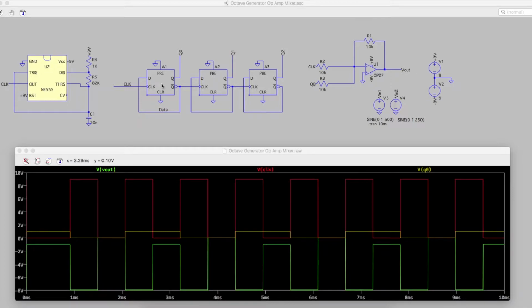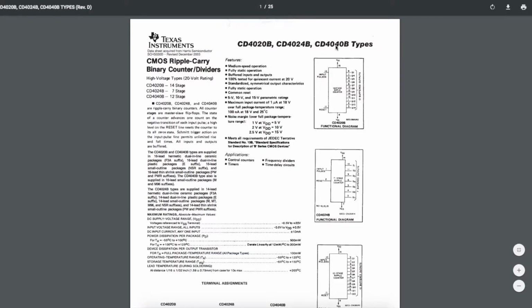One thing I want to do is have a lot more than just 3 flip-flop stages for the Q outputs of the ripple counter, but I don't want to just have a whole pile of chips stringing together flip-flops. Instead, I'm going to use a 4040 chip. There's a series, 4020, 4024, and 4040.